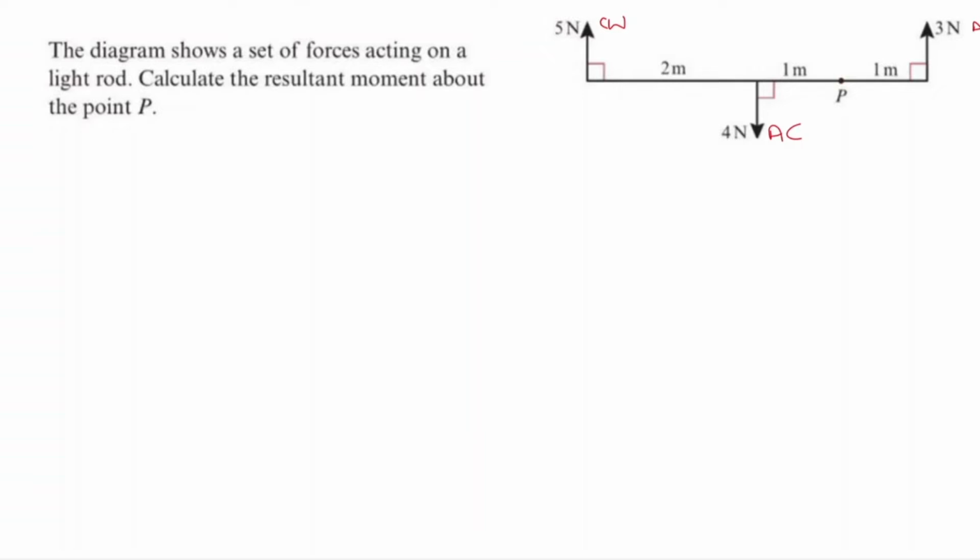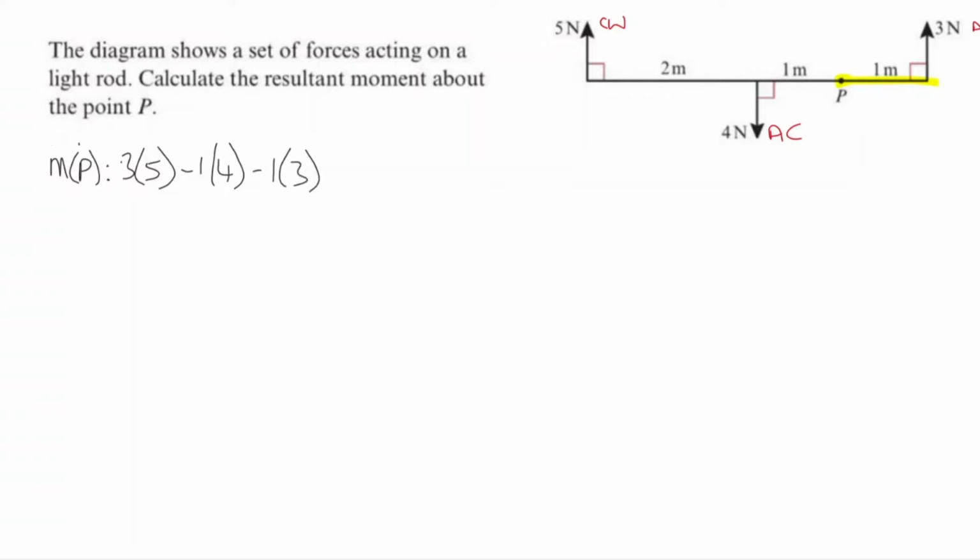Okay, now let's generate those moments. So once again, using the correct notation, we're going to take moments from P. Firstly, we'll start with the clockwise, which is 3 meters away. So 3 times 5. And then we'll go for the 4 Newton force, which is just 1 meter away. So I'm going to subtract 1 times 4. And then the final force is 3 newtons, which is also 1 meter away.